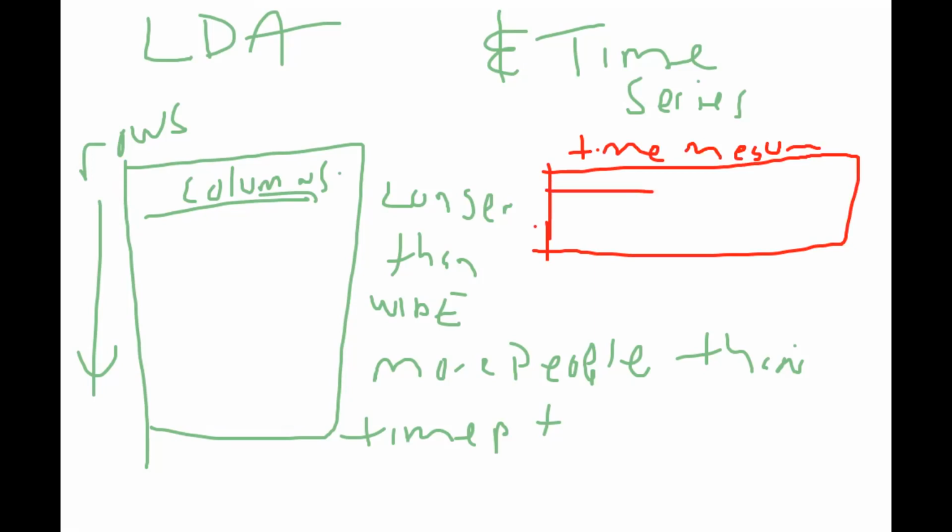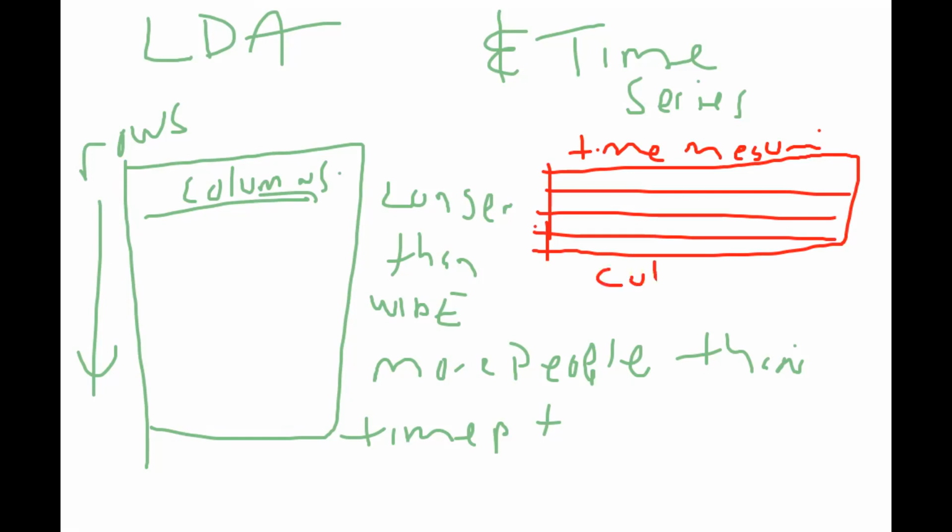And then the rows correspond to whatever outcome you're modeling, whether it's a stock price, daily observations, daily measures. But the big thing in this case, time series, the columns are much bigger than the rows.